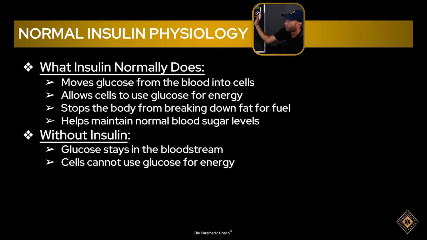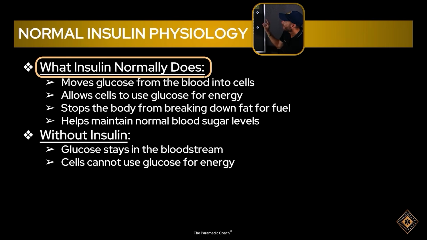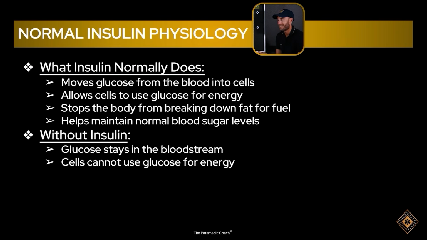So first I want you to understand the physiology. Let's start with that. We need to be a master of diabetic emergencies as a paramedic. So let's talk about what insulin normally does, and what happens when we don't have insulin in the body. Think of this as a lecture you never had. I'm going to give it to you now, right?